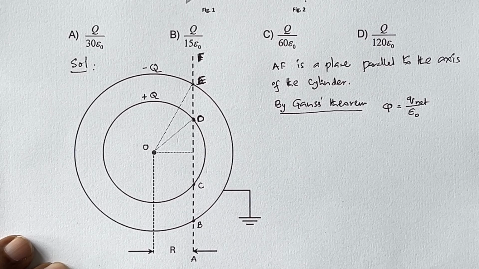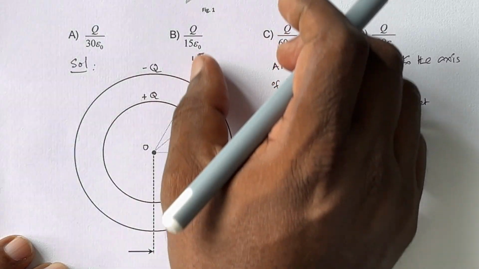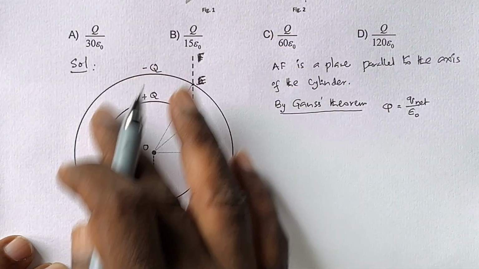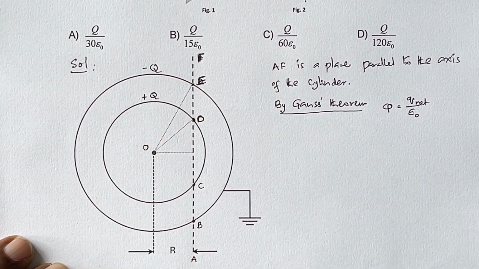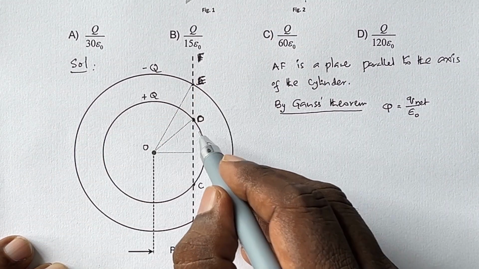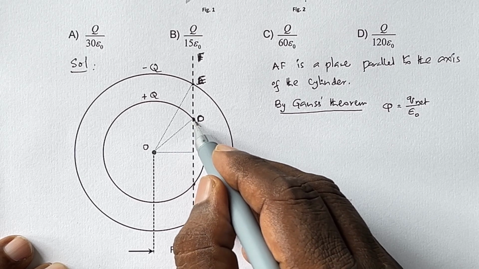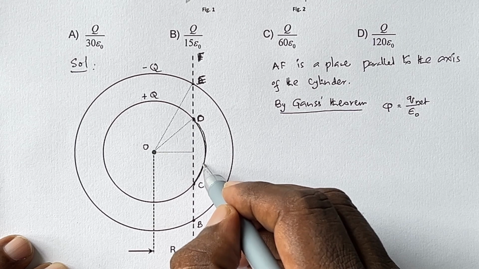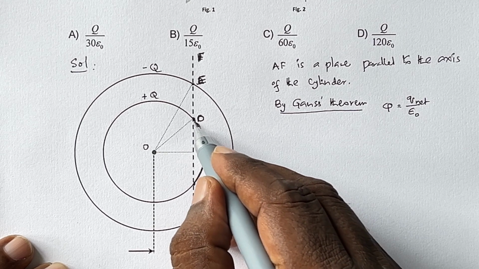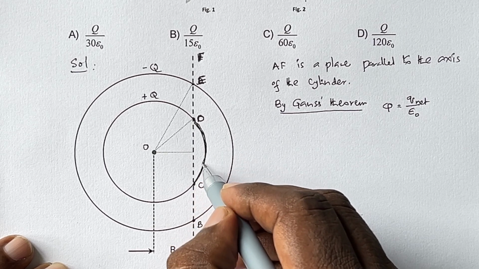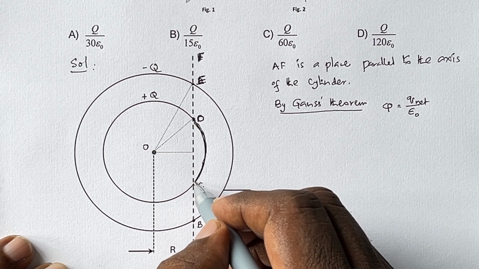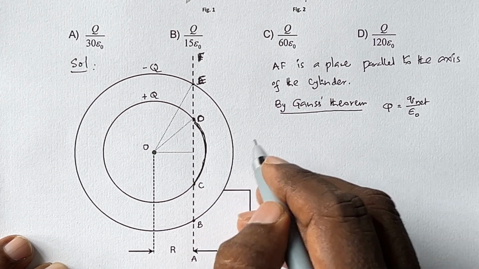Now I will imagine a Gaussian surface around this. The surface CD is inside the conductor, and inside the conductor the flux is equal to 0.